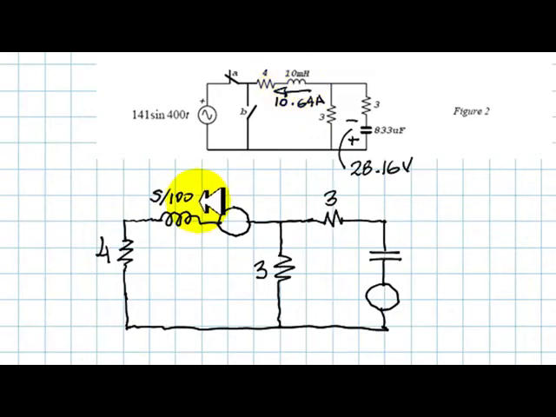Observe that instead of saying I multiply 0.01 times S, I prefer to write that as integer numbers for the sake of the calculator. And this impedance is 1 over SC.